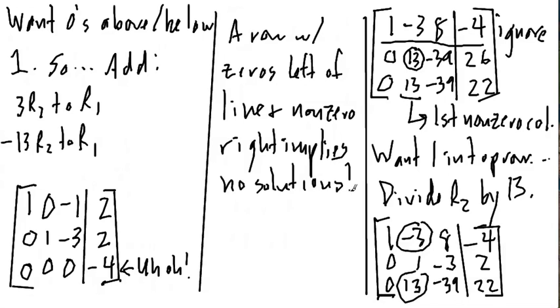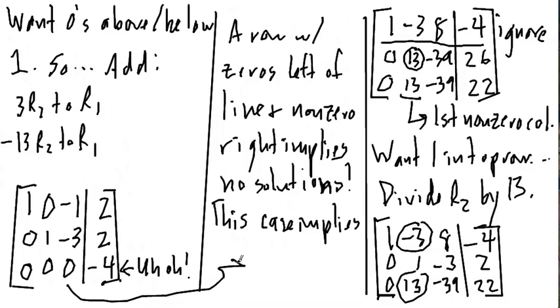Why? This specific case, the bottom row means that 0 is equal to negative 4. 0 is not equal to negative 4. That's false. So that's the problem.